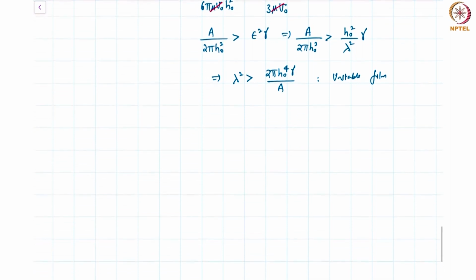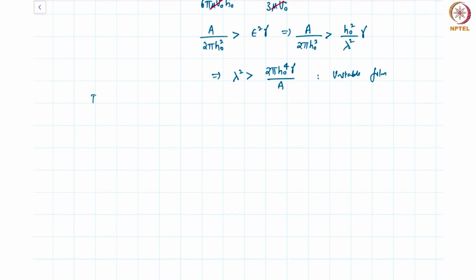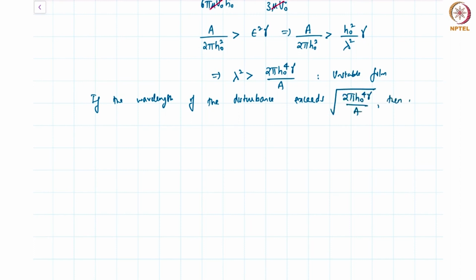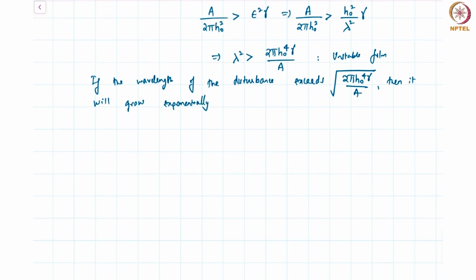So now what we have is if the wavelength of the disturbance exceeds a value of 2 pi h0 power 4 gamma by A, then it will grow exponentially, right?